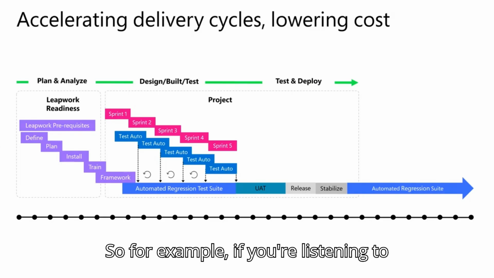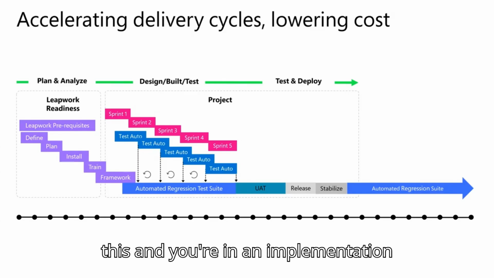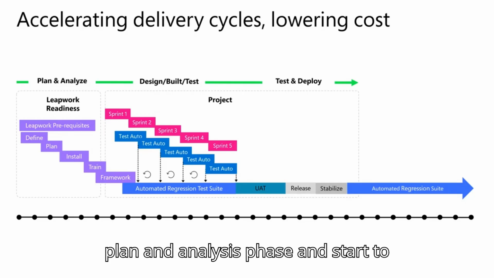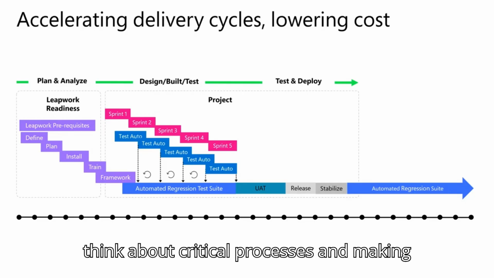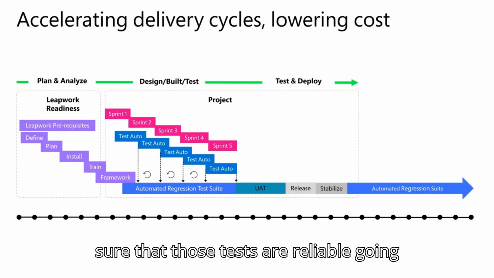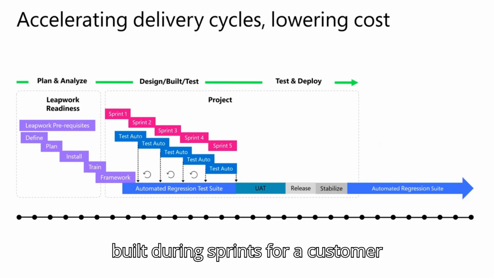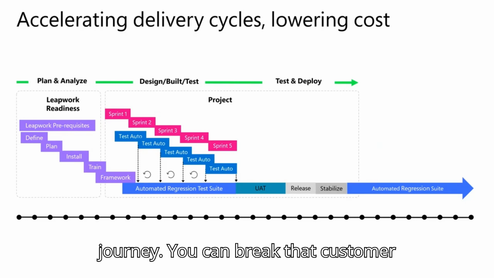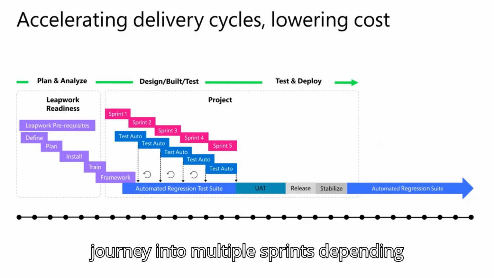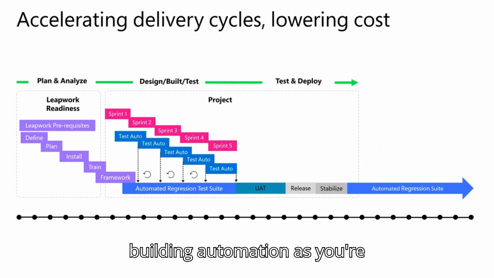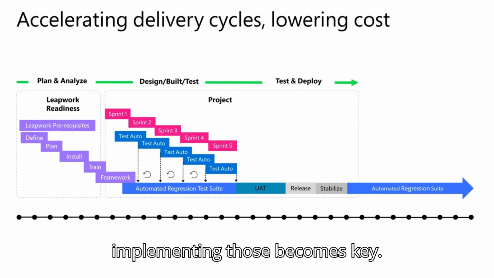So for example, if you're listening to this and you're in an implementation stage, definitely in the plan and analysis phase, start to think about critical processes and making sure that those tests are reliable going forward. Functionality typically is built during sprints for a customer journey. You can break that customer journey into multiple sprints depending on the length of those sprints. So building automation as you're implementing those becomes key.